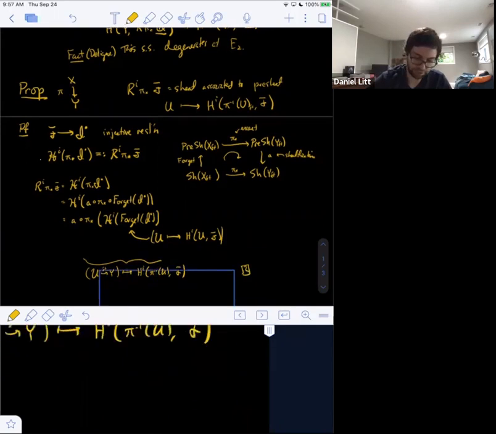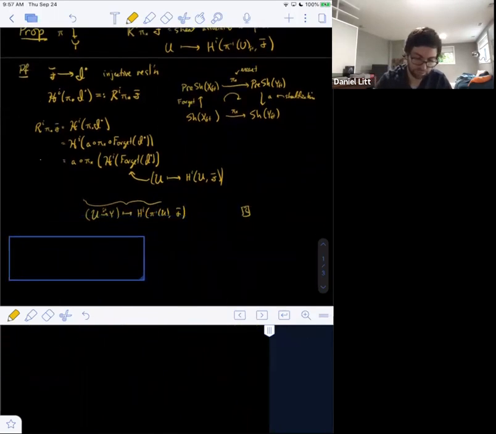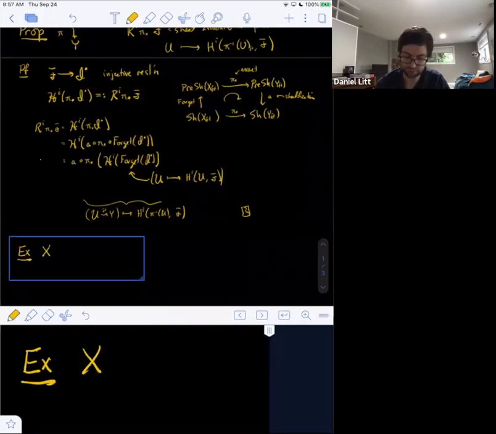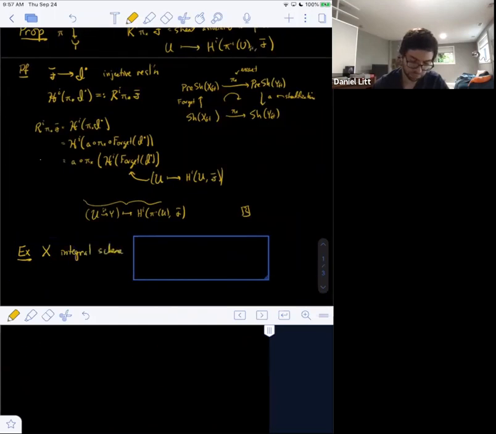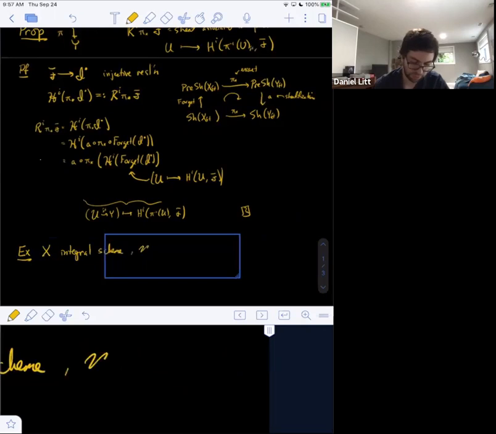All right, so let's do an example. Let's suppose that X is, let's say, an integral scheme, and eta, including into X, is the generic point.